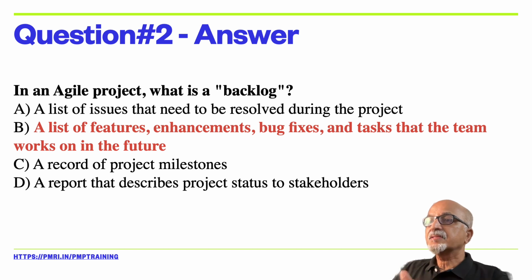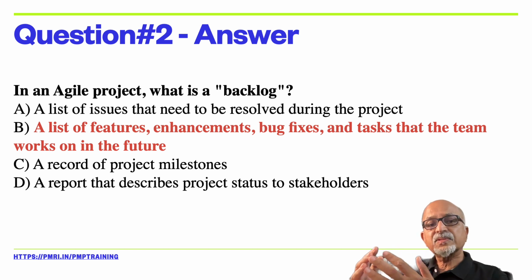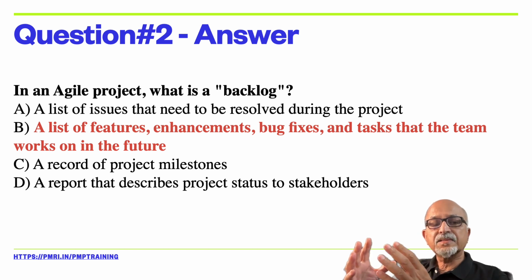So the correct answer is a backlog refers to a list of features, that is new features, enhancements, bug fixes, and tasks that the team works on in the future. When we talk about backlog, there are 2 types of backlogs in Scrum.